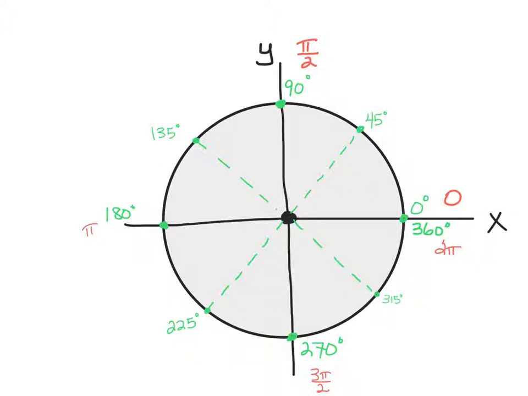And then we want to go back and fill in the radians for each of those measures.